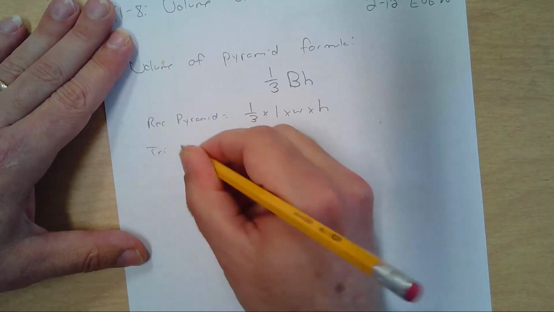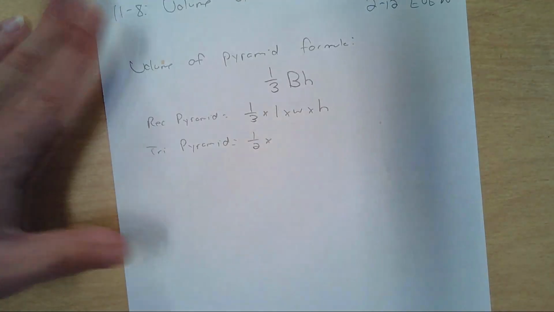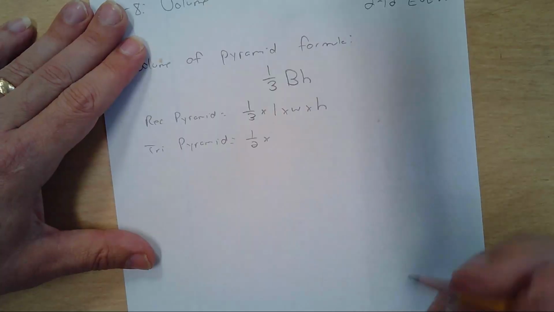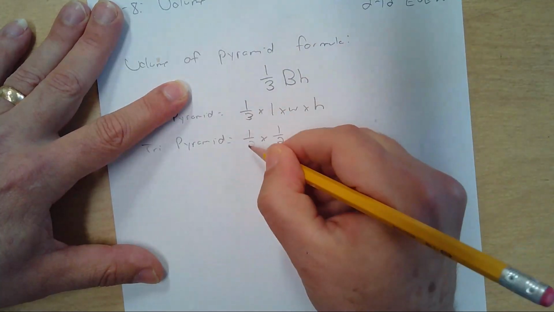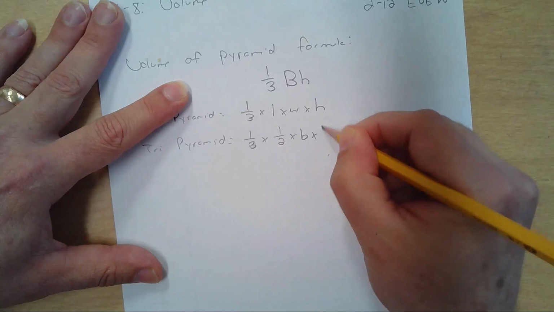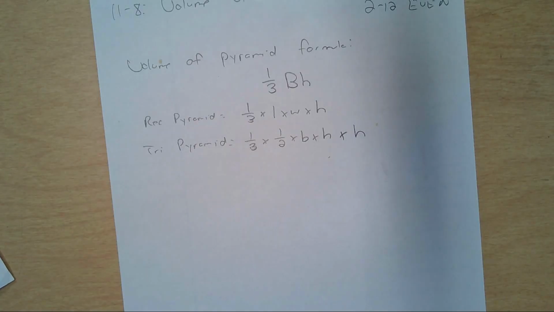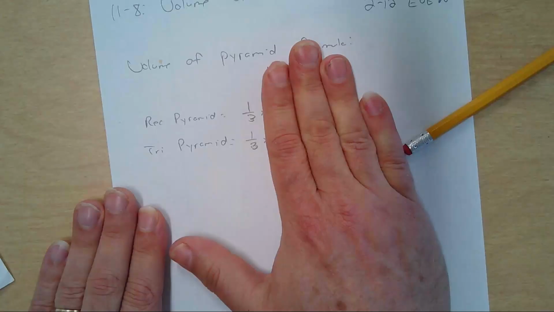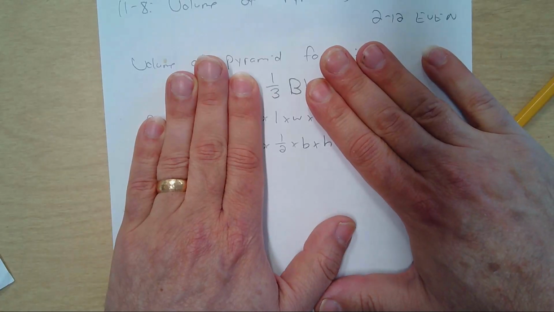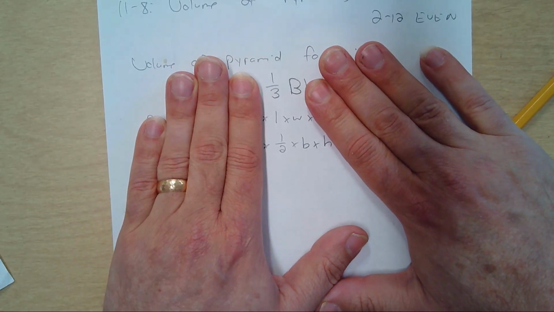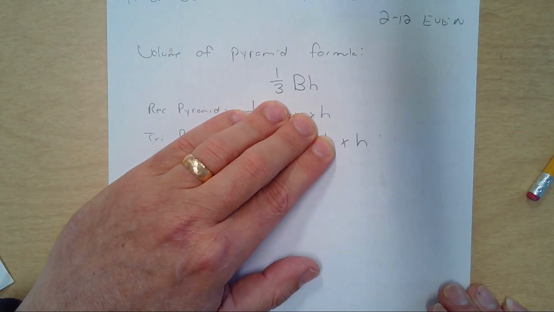If it would be a triangular base pyramid, still times 1/3, but this time the base is a triangle, so 1/2 times the base times the height, then times the height of the pyramid itself. So they're always times 1/3, and then times the area of whatever the base is, rectangle or triangle, and ultimately then times the height of the pyramid itself.